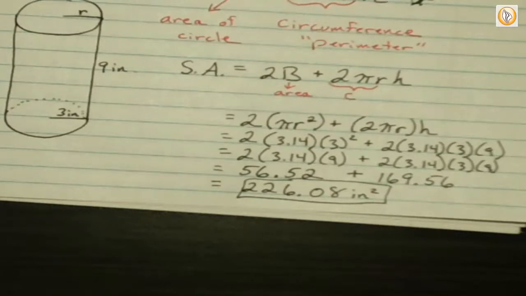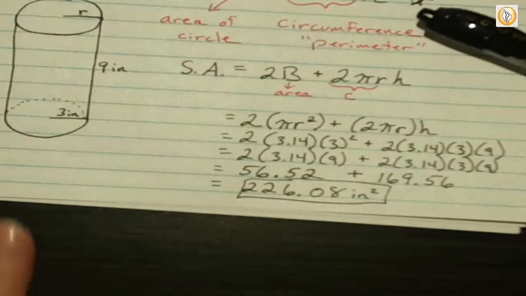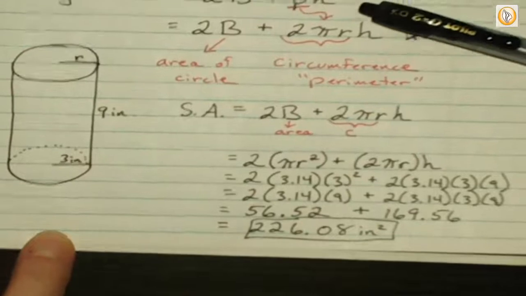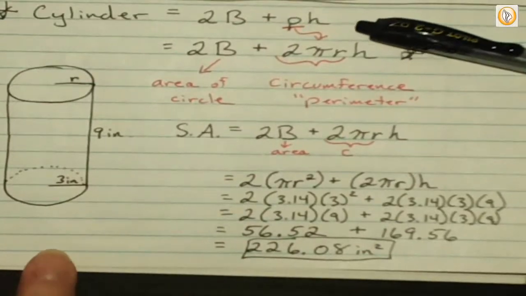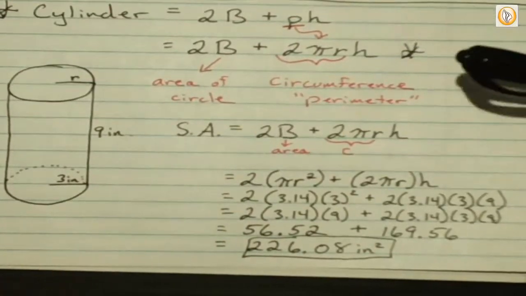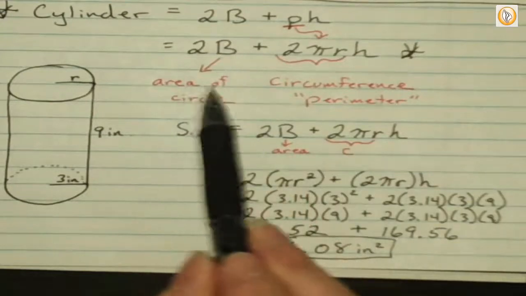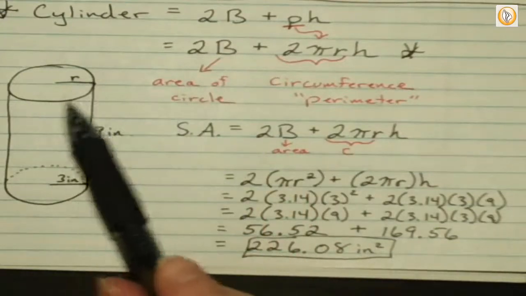So really, y'all see where kids can get confused? Because you're taking the formula up here with 2B plus PH, and you're having to apply it to different shapes based on what the shapes are. You got to remember that the big B really is the area of whatever the base is.